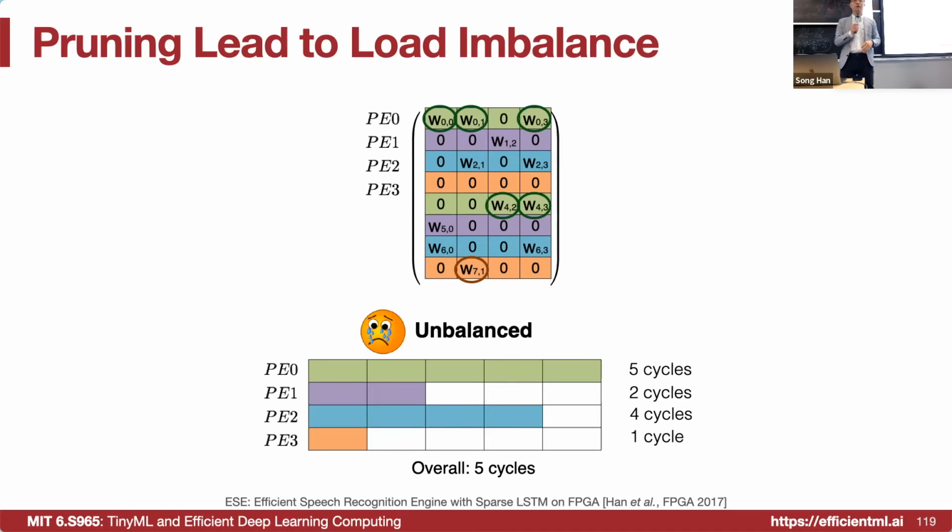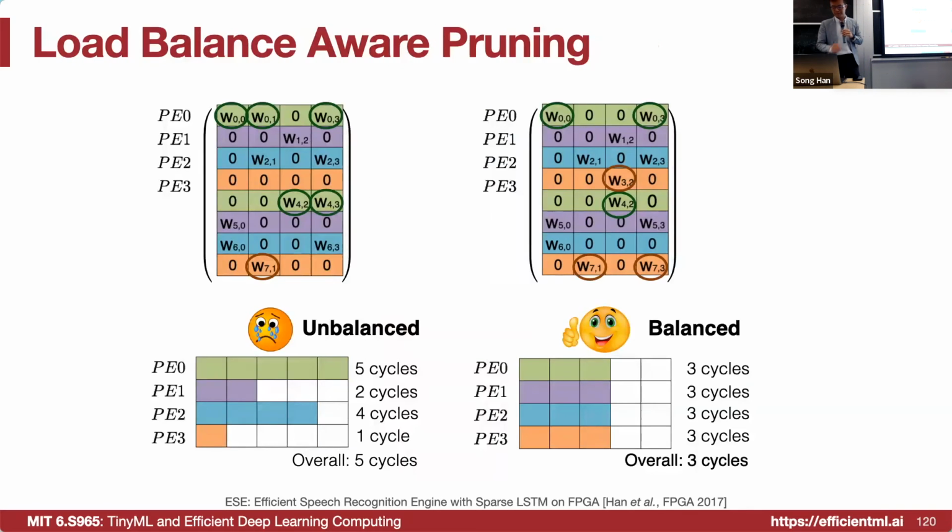So the total number of cycles depends on the largest PE, which has 5 non-zero elements. When we are doing pruning, this tells us we should prune such that each PE roughly has a similar amount of non-zero elements, rather than this PE having to wait for that PE. This is the guidance from the hardware to the pruning algorithm.